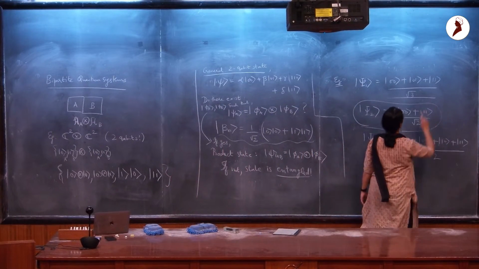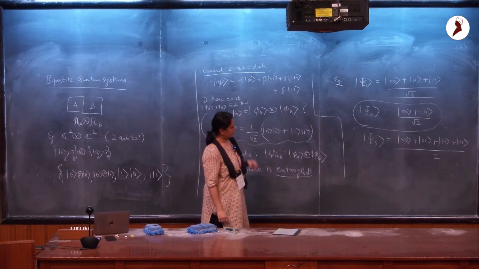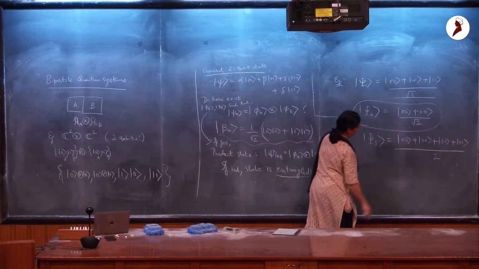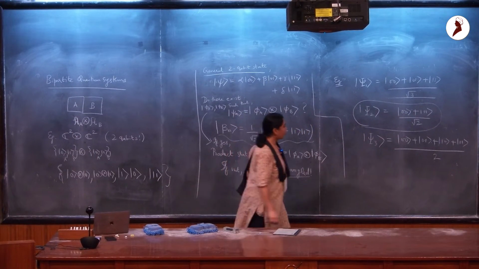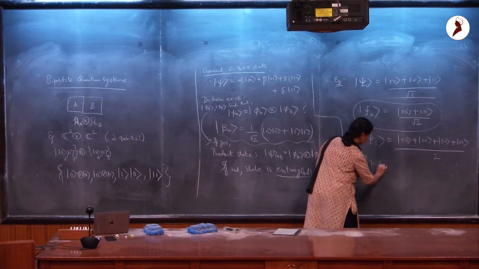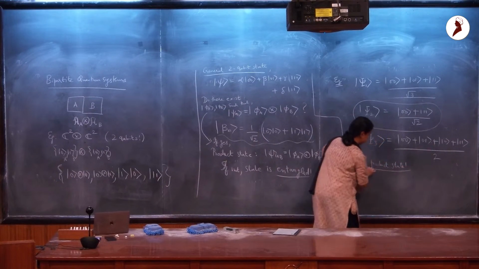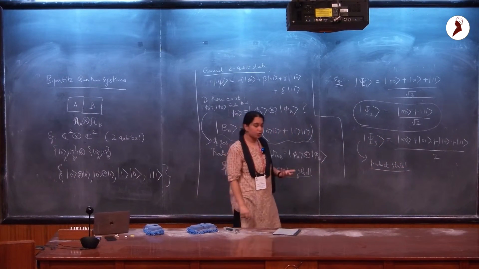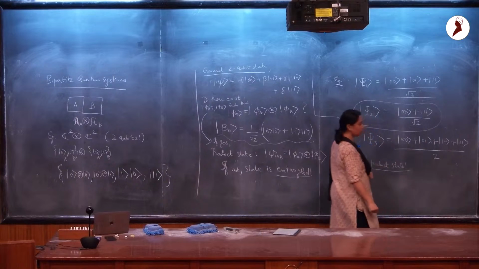But what about a state like this? And what about something like this? So I'm going to claim now that this state is actually a product state. And maybe leave it to you to tell me which are those two local pure states whose tensor product is going to give me this state.